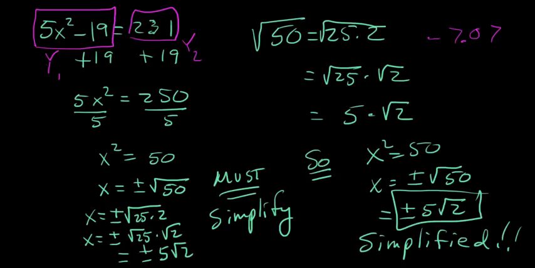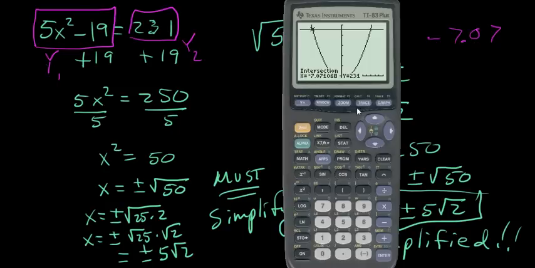And look at the other one. Second calc, number 5 is intersect. I want to find out where these two lines intersect. Now I'm going to move my cursor all the way over to the right, because it's going to give me the intersection that's closest to where my cursor is. This is not a case where it's going to tell me to pick a range. In this case, I have to move my cursor close to where it is. And I click enter, enter, and enter, and that gives my intersection at positive 7.07.